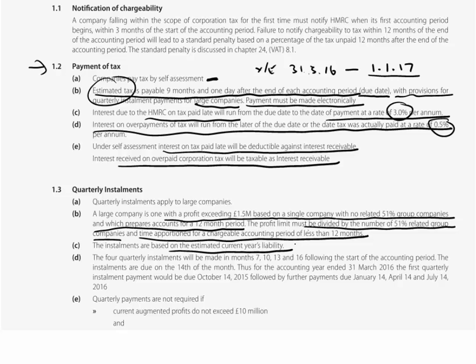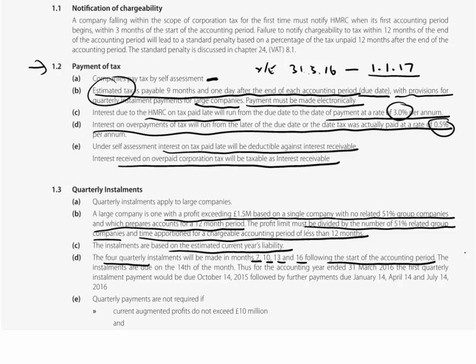large in the previous period, we had profits in excess of the profit limit, then for this period, quarterly instalment payments will fall due. They're quarterly, so fairly obvious. They are 4 quarterly instalment payments, and they'll be made at 3-month, i.e. quarterly intervals. But they're made to begin with in month 7, before then 10, 13 and 16, following the start of the accounting period.